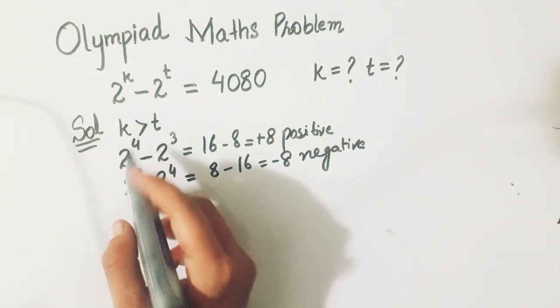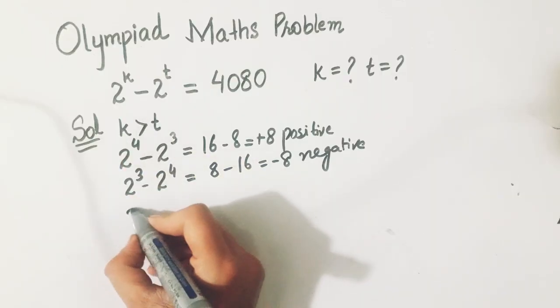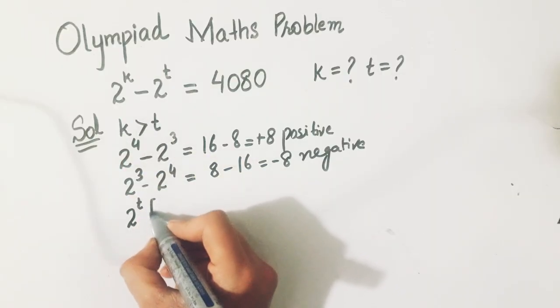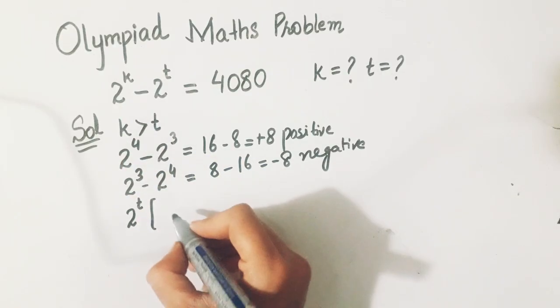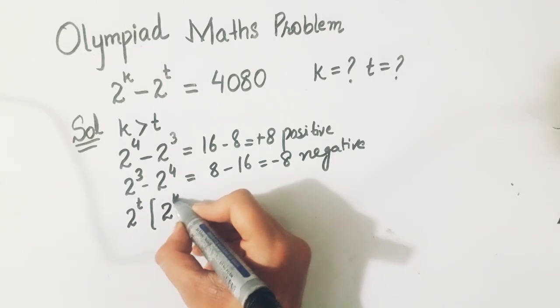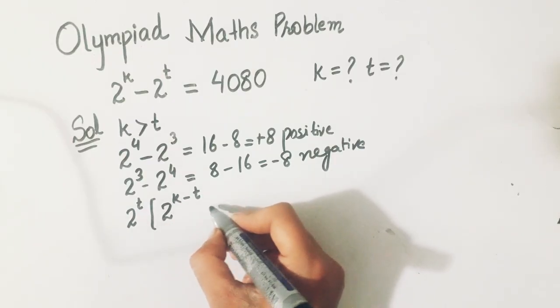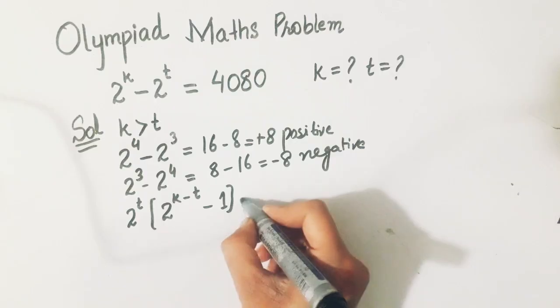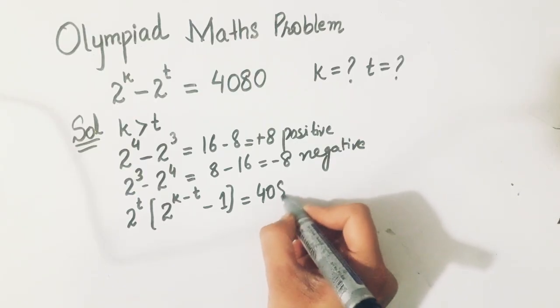Now in the next step, we will take 2 raised to power t as common from this. So the remaining will be 2 raised to power k minus t, minus 1, and this equals 4080.